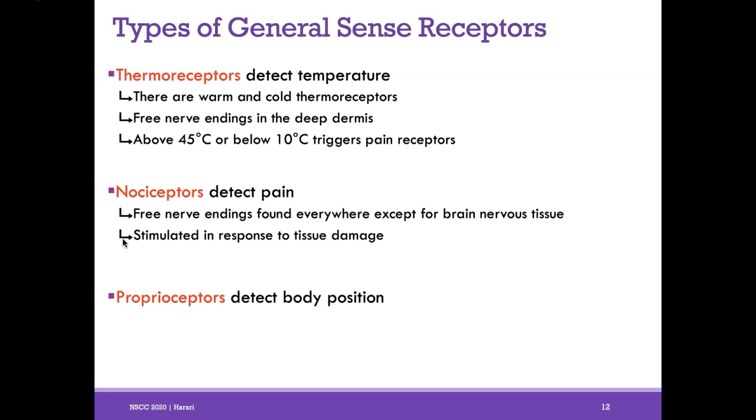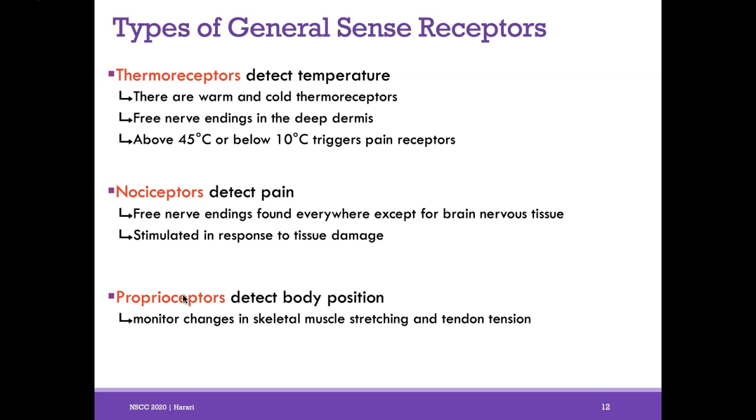Next, we have proprioceptors, which detect body position. And these receptors sense the position and the movement of the body in real time. So as you adjust your position, your proprioceptors are aware of that. So we have those spindle cells, if you remember.